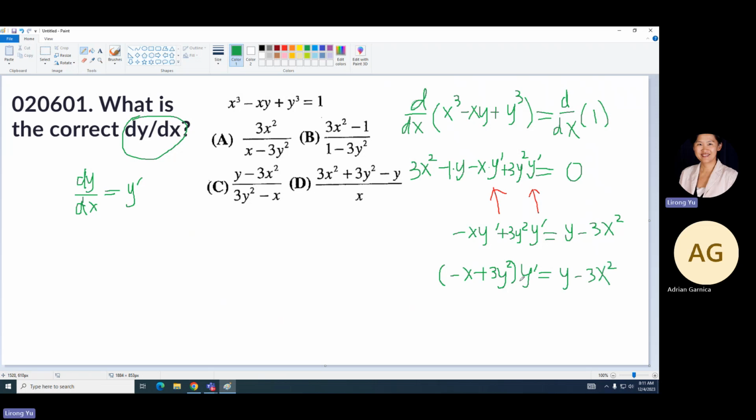You're going to solve for y prime by division: y prime equals y minus 3x squared, divided by the factor, which is negative x plus 3y squared, or 3y squared minus x. The order doesn't really matter, but we try to follow the choices. So this is the entire process for determining the derivative.